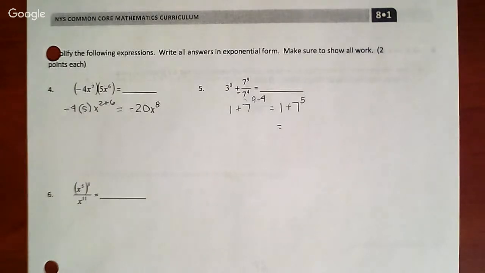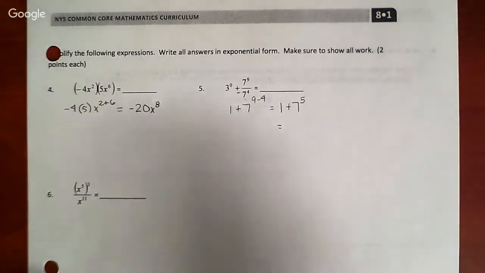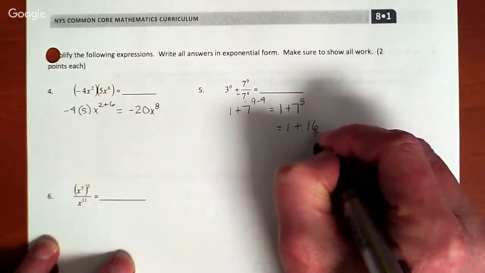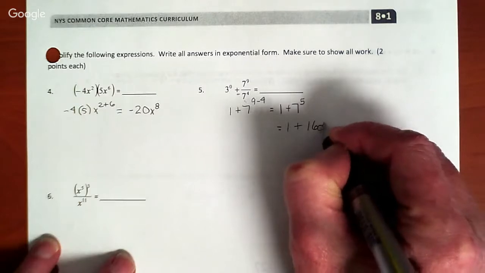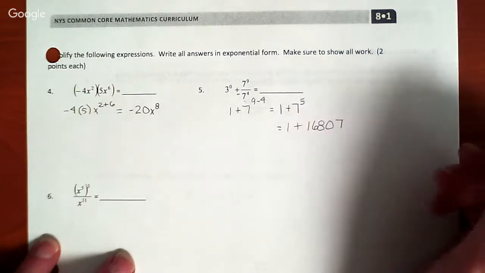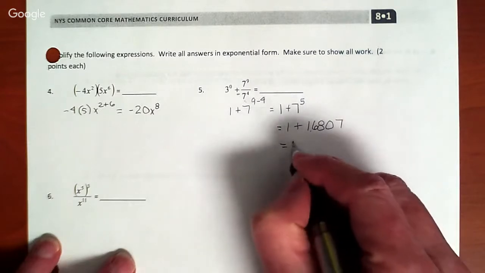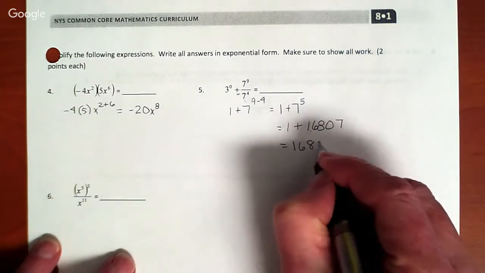When you put 7 to the 5th in your calculators, ladies and gentlemen, we get 16,807, and we actually can add 1 to that. So our answer here is 16,808.